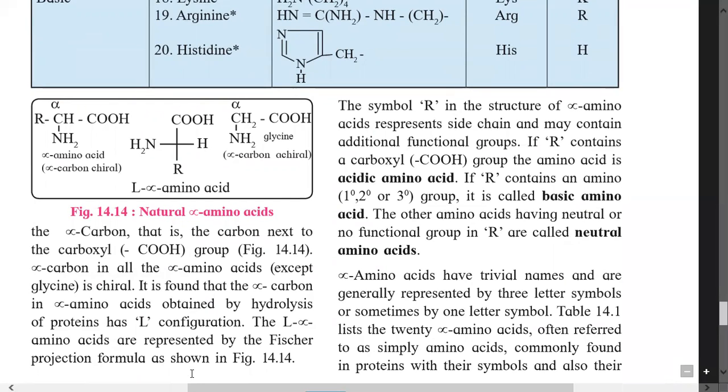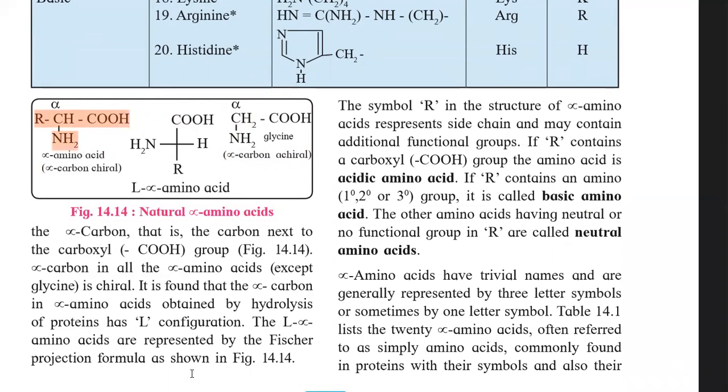We had already studied the general formula of alpha amino acids: R, CH, COOH and NH2 group. The alpha carbon is a chiral carbon because 4 different groups are bonded.